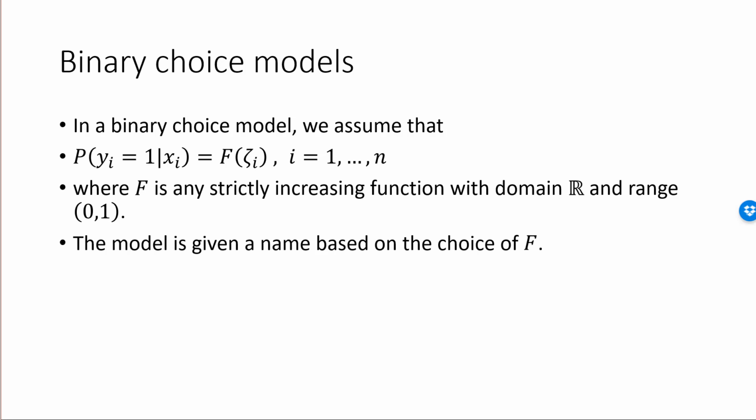The name of the model will be based on which choice we make for f. In this lecture, we will only discuss the two most common choices, and these lead to models called the probit model and the logit model.